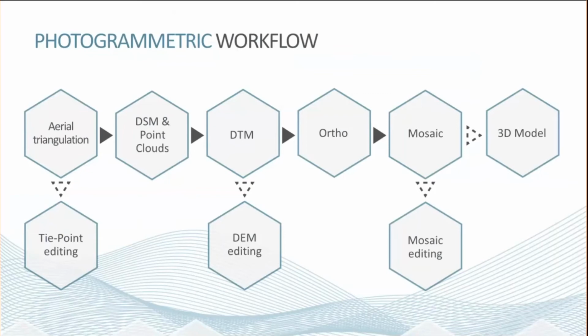If you're also using oblique imagery at this point, you'll generate the AT with the nadir and oblique imagery, and you're going to disable the oblique imagery, which I'll talk about later in this presentation. Then you'll generate the DSM, the DTM, the ortho, and the mosaic, and then you'll re-enable the oblique imagery to texturize the 3D model with the nadir and the oblique imagery.